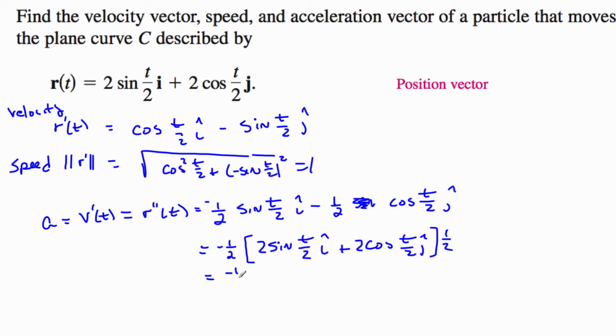So this is minus 1/4 times 2 sine t over 2 i plus 2 cosine t over 2 j. But what is this right here? This is just r. So this whole thing is minus 1/4 r of t. That's just kind of a cool thing. I like looking at these.